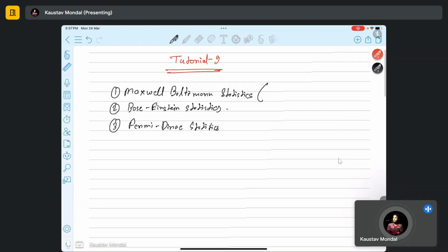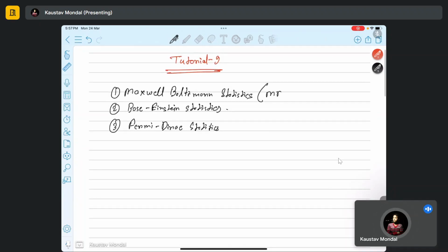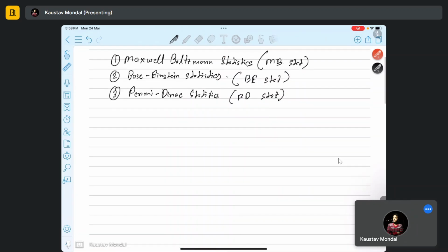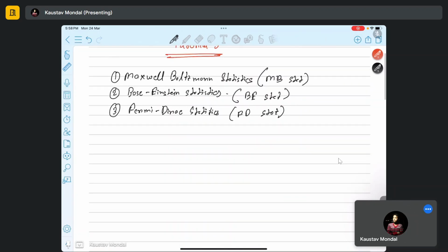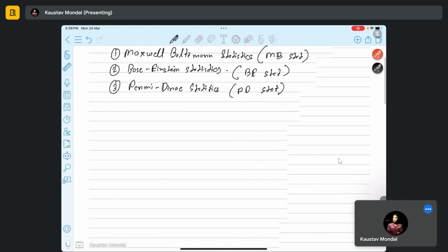We can use the short terms: this is MB stat, this is B stat, this is FD stat. These are the short terms that we will be using while solving the problems.